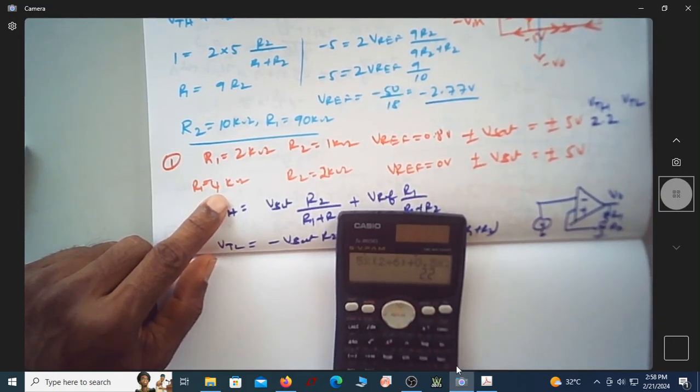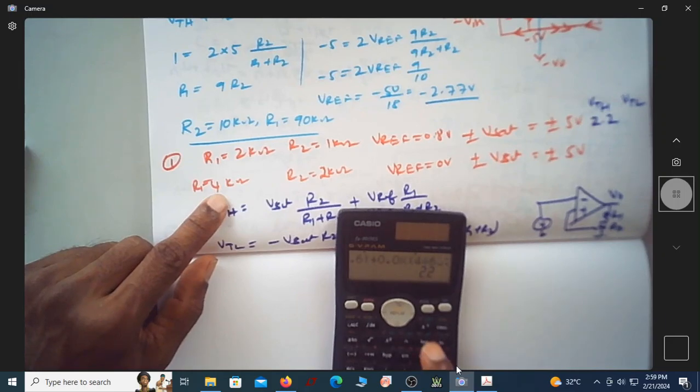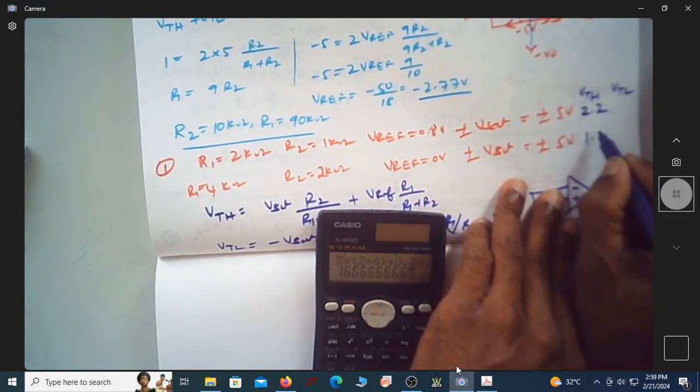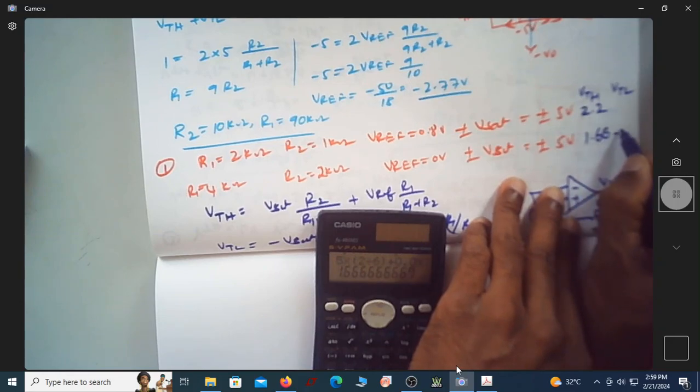You make it 0.0, and it's again now 4 by 6. So what is the voltage? So voltage here is 1.66. This will naturally be minus 1.66.